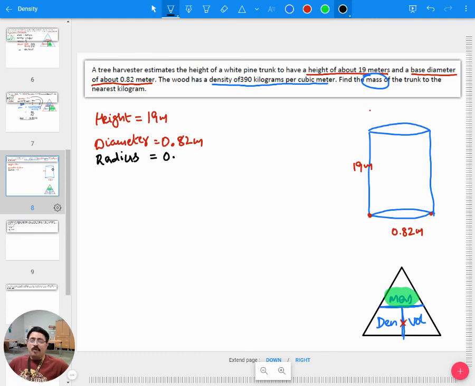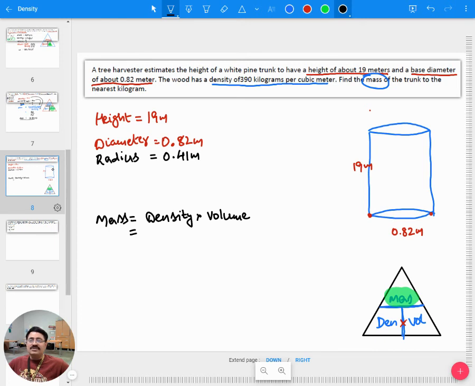So half of 0.82 means 0.41 meters. Next, if you want to find the mass, mass equals density times volume.